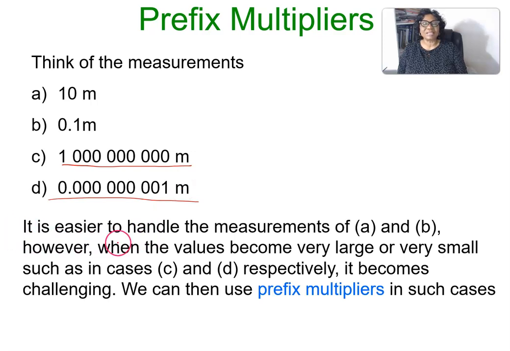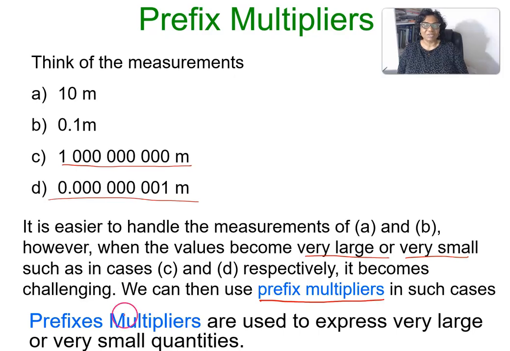So it is easier to handle measurements of A and B. However, when the values become very large or very small, in such cases like C and D respectively, it becomes challenging. That's where we need the prefix multiplier. Prefix multipliers are used to express very large or very small quantities.